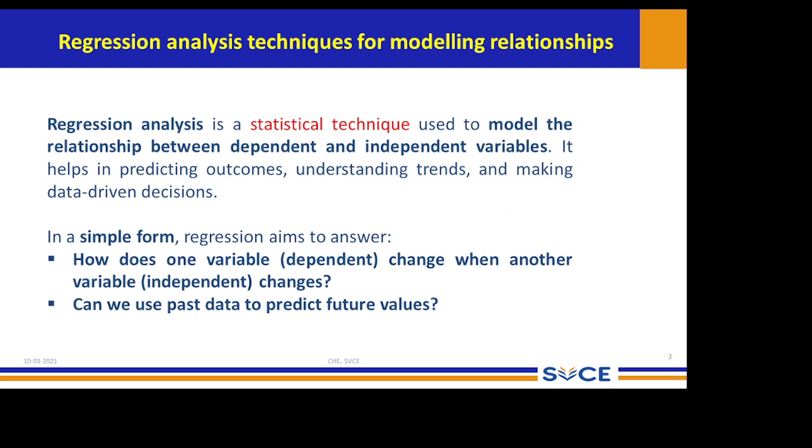Regression analysis is used to model the relationship between the dependent and the independent variables. The independent variables are like temperature, pressure, concentration; the dependent is, let's say, the reactor yield. It helps in predicting the outcomes, understanding the trends and making data driven decisions.